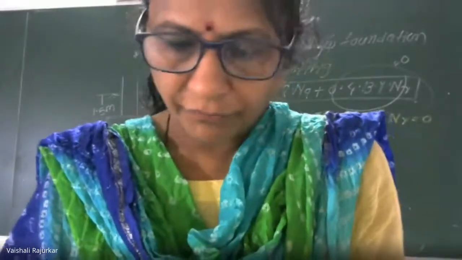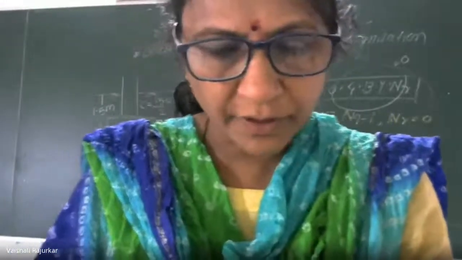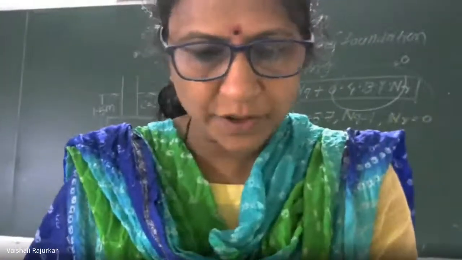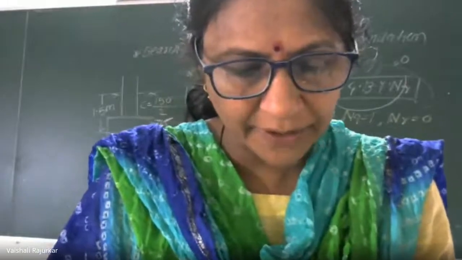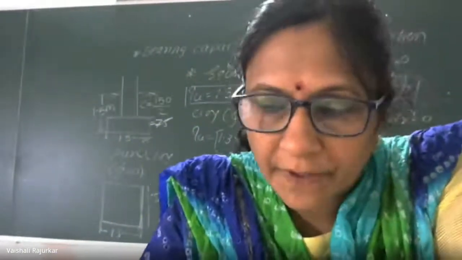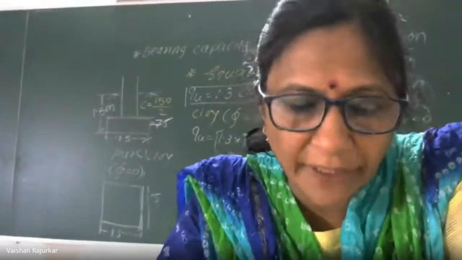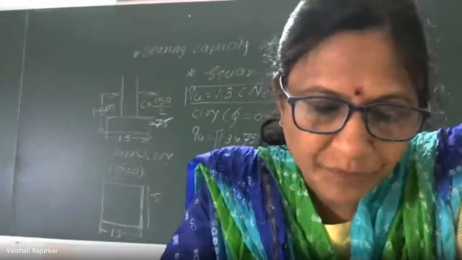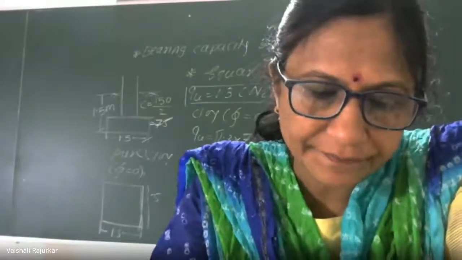Now, just write down the values for Terzaghi's bearing capacity factors. The values are given for 35 and 40, right? So you have to calculate it for 36. So write down for 35.